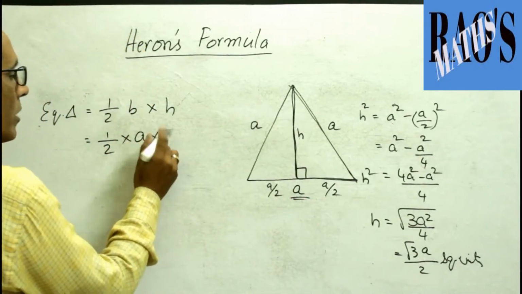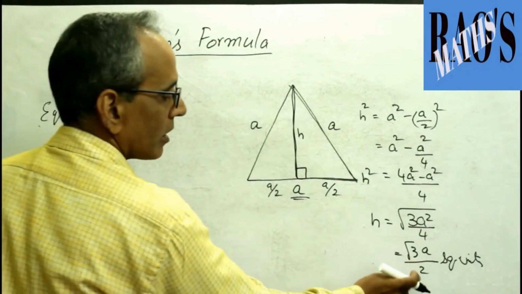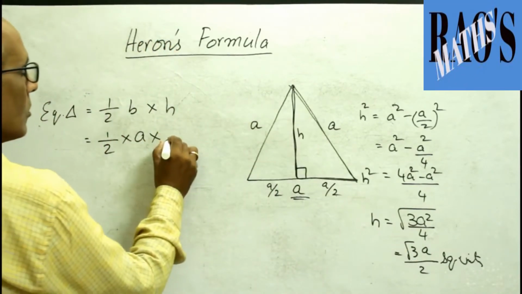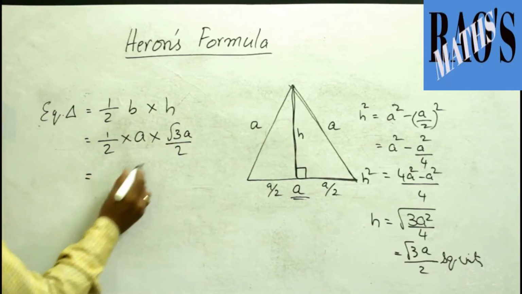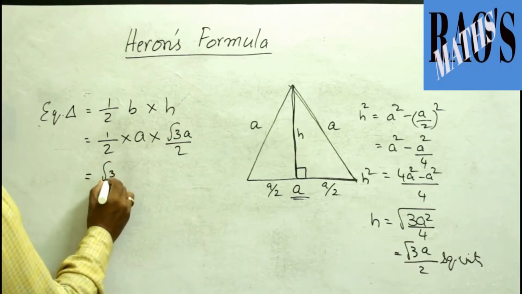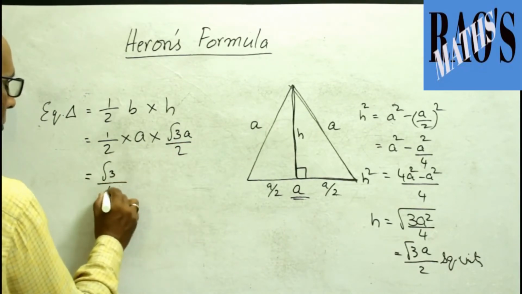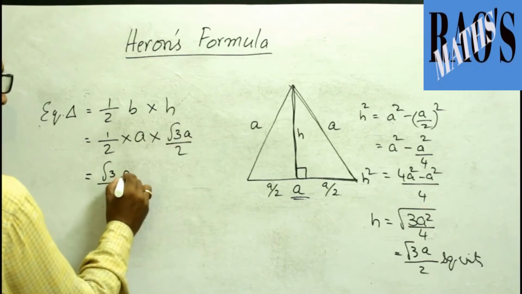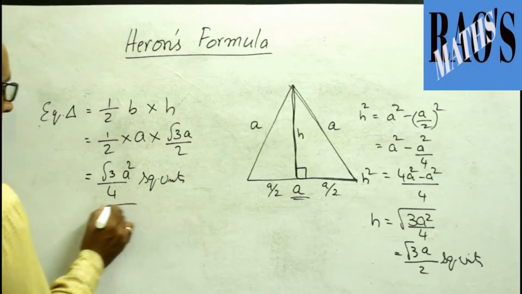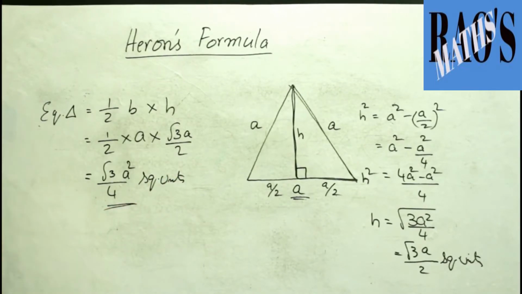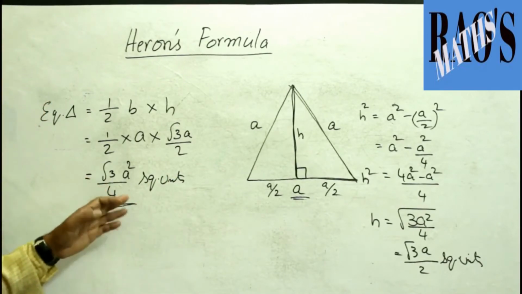A into what is the altitude derived? Root 3 a by 2. Let's get the product. Root 3, 2 into 2, 4. A into a, a square units.